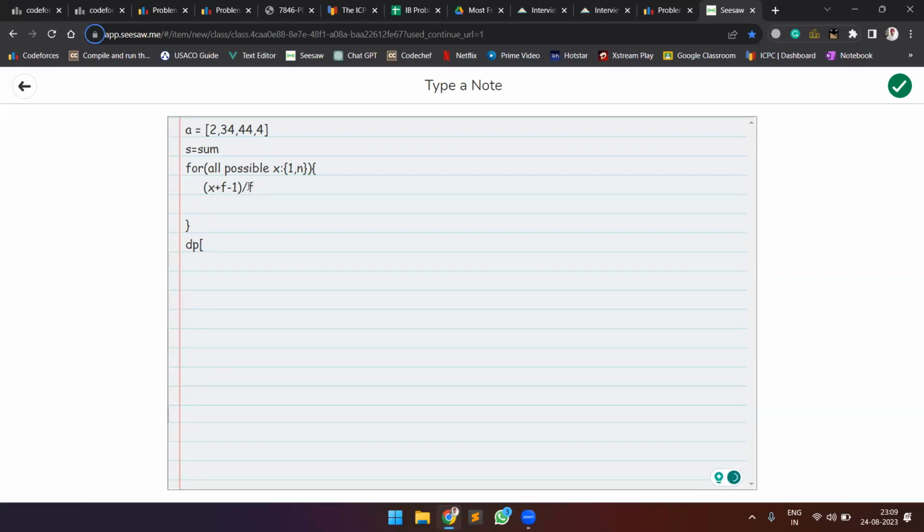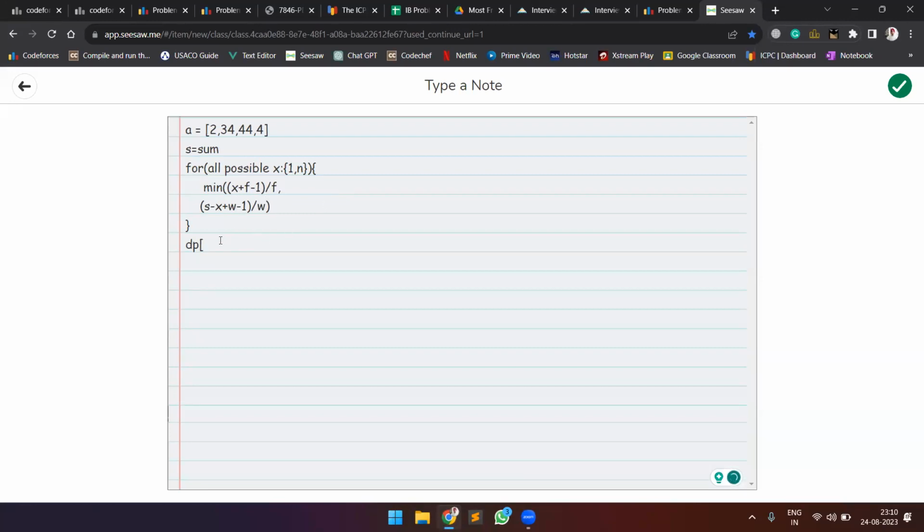And the leftover sum is s minus x, so for that it is (s minus x plus w minus 1) upon w. I'll take the minimum of both of them, which would give me the correct answer, and I'll take the minimum among all of them.